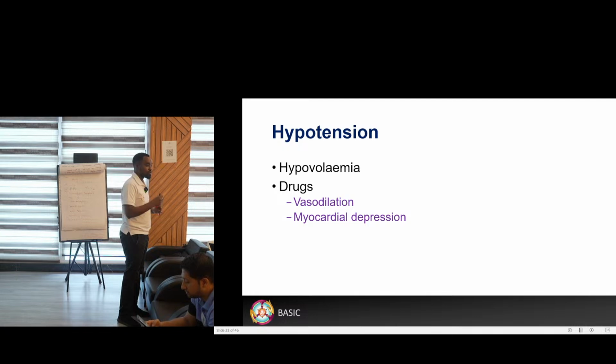And if not, you can add some boluses of midazolam or ketamine. But when you have a critically ill patient on an infusion, you always have to be very careful about cardiovascular instability or deterioration.